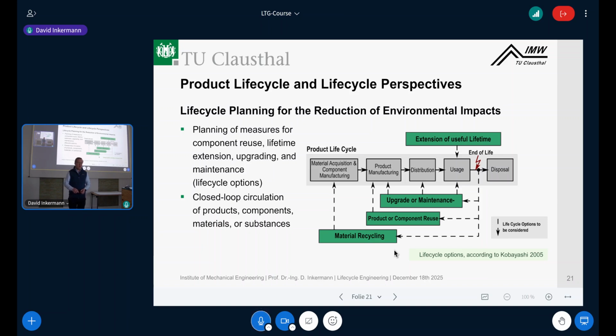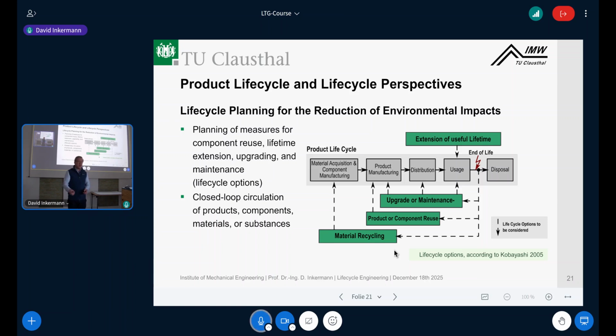In that case, it's about planning the different measures for how a single component can be reused, or also how the whole product can be used, in order to allow life cycle extension of the single product.